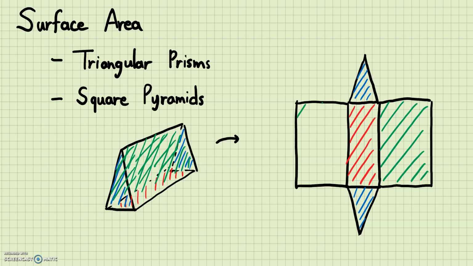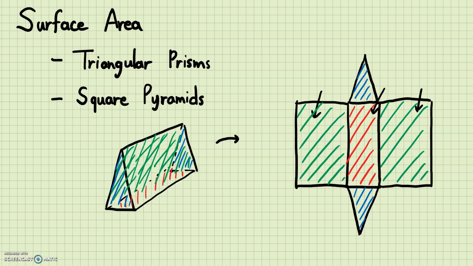The reason I've redrawn my triangular prism and made my triangle taller is to show that the red rectangle is not the same as the green rectangles. So we have a net image of this triangular prism. Now let's try to find the surface area. To find the surface area, we need the measurements.